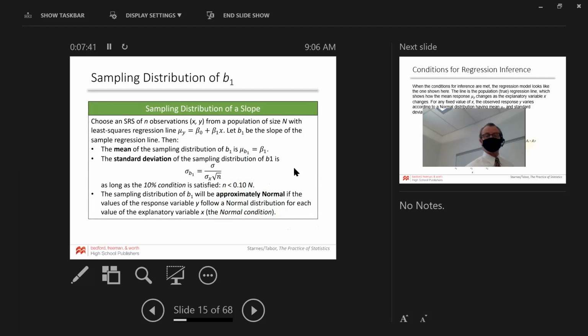The standard deviation of the sampling distribution. Where does it come from? It comes from those 3 inputs. You can't calculate without those 3 inputs. All right? Center, shape, and spread.